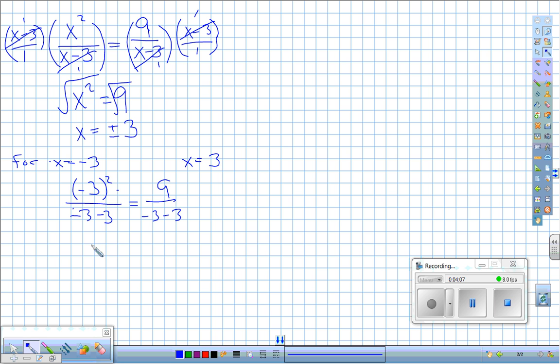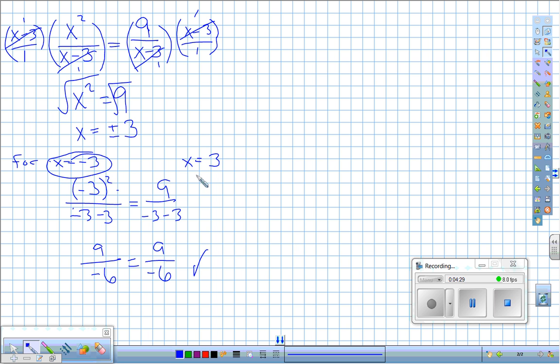Negative 3 squared will be positive 9 over negative 6. On this side, I'll have positive 9 because I already had that. Negative 3 minus 3 is negative 6. Is 9 over negative 6 the same thing as 9 over negative 6? Yes, that works. Negative 3 is a solution.